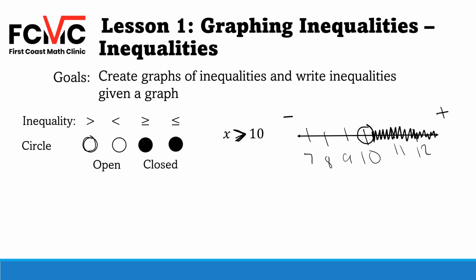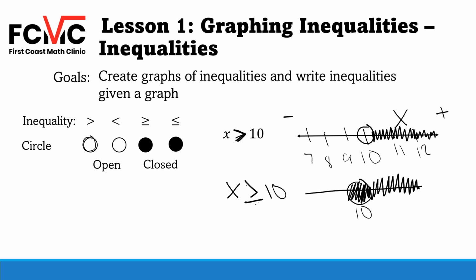So our values for x are all the values greater than 10, not including 10. Now, if our inequality was x is greater than or equal to 10, our graph would be a closed circle at 10 because we'd include 10, and then we shade all the way to the right.